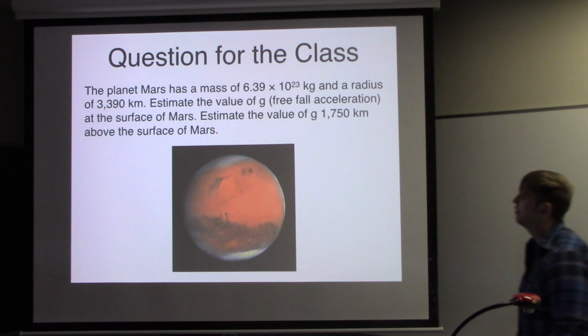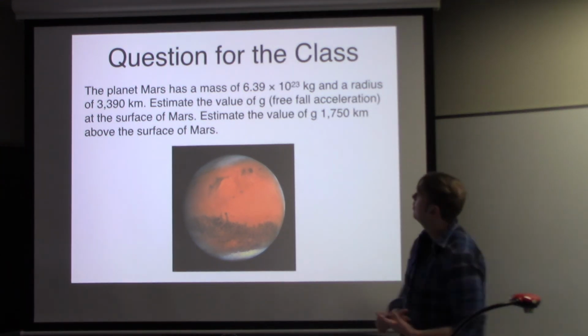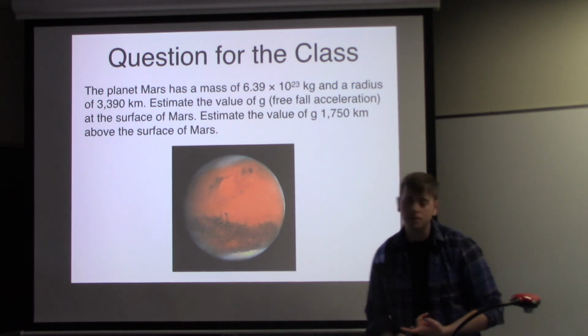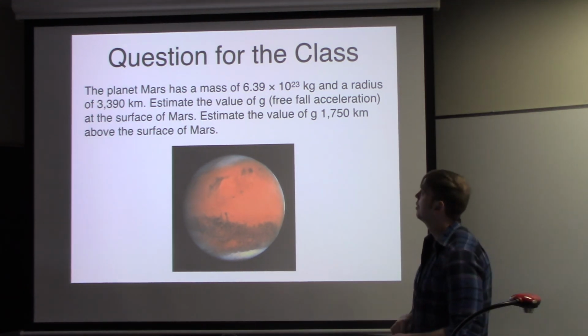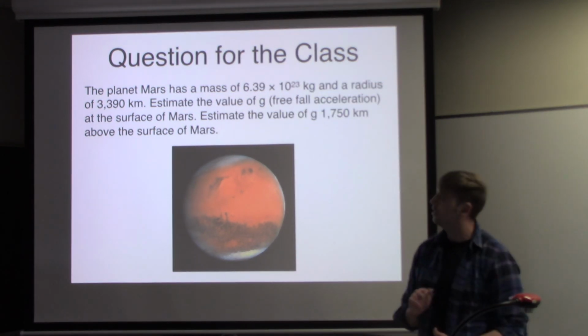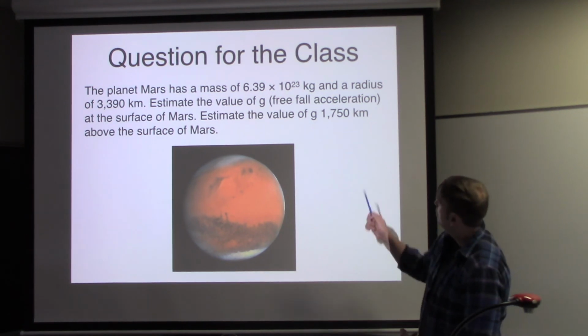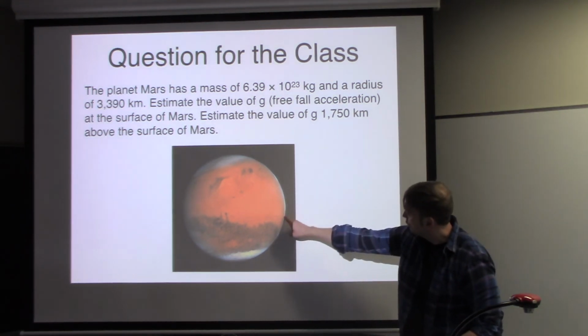So I want you to try this out. Given that the planet Mars has a mass of 6.39 times 10 to the 23rd power kilograms, so about 10 times less than Earth, and a radius of 3,390 kilometers, estimate the value of g, lowercase g, free fall acceleration, at the surface of Mars.